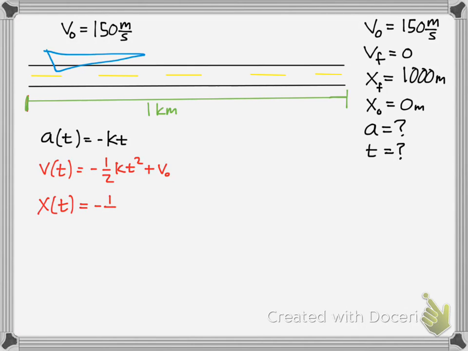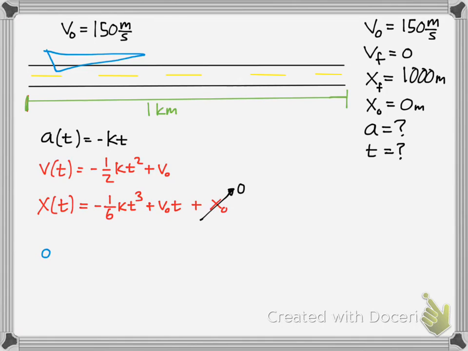But then you multiply 1/3 times 1/2, which is 1/6, times kt cubed, and then you add the initial velocity times time. Our initial position would technically be your plus c, but since we defined our coordinate system as such, it's 0.